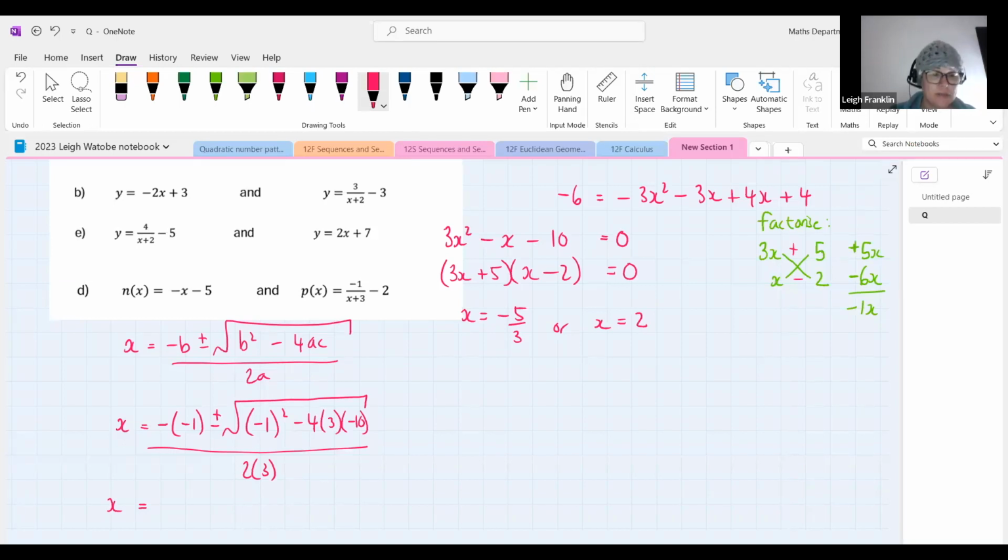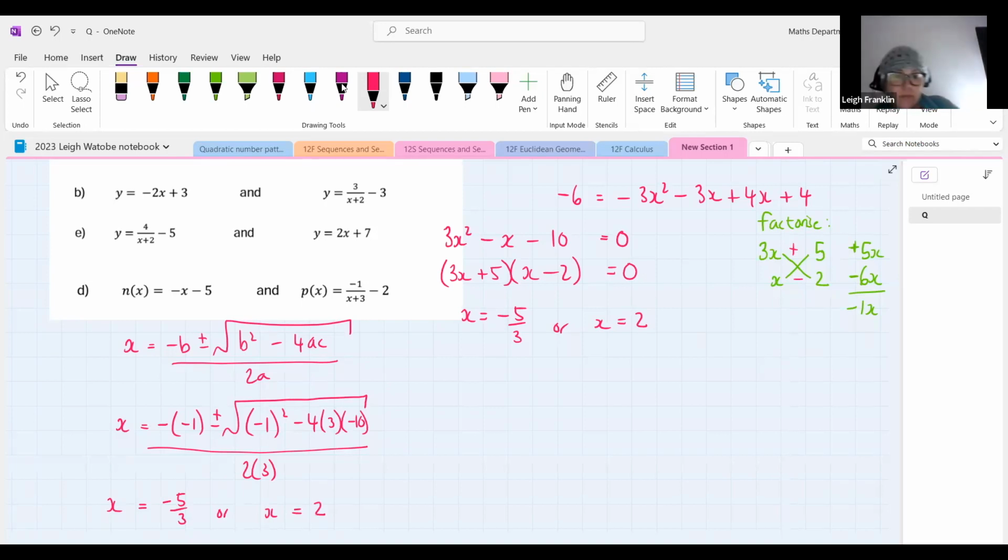We are expecting the same answers. Yes. Okay, I'm getting the same answers. So either x is equal to -5/3 or x was equal to 2.